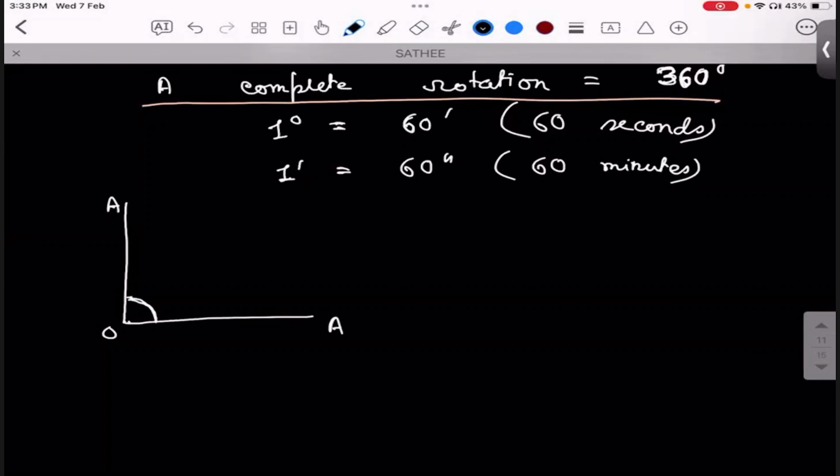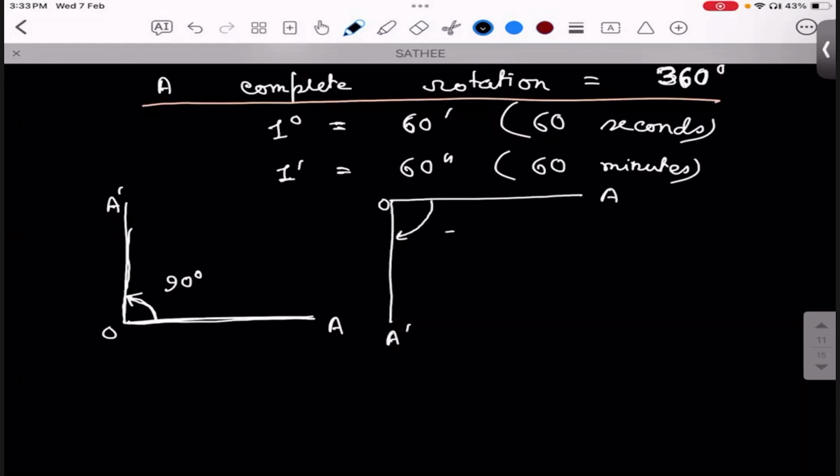If I say this is our initial state and this is our terminal state, then this is in positive direction, and the angle will be 90 degree. Now, if the similar thing happens in the opposite direction, like this is our OA and this is our OA dash, then this is called minus 90 degree.